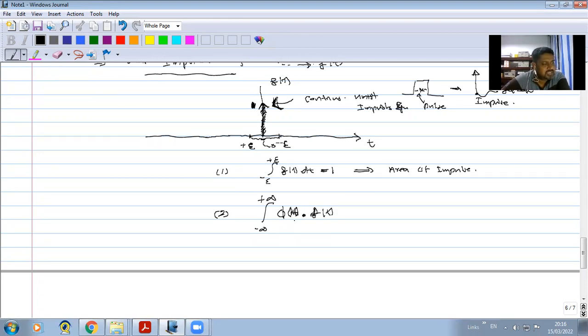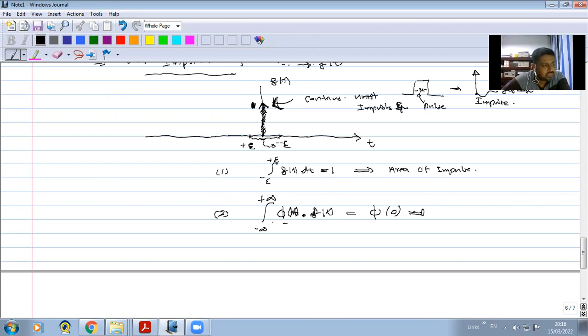So if any function is multiplied by a delta t and it is integrated within this pulse, within these signal limits, you will get 5 0. This is another definition.